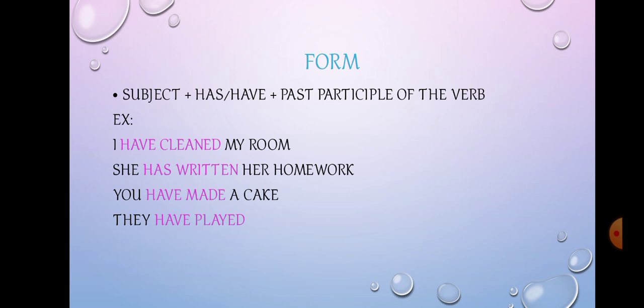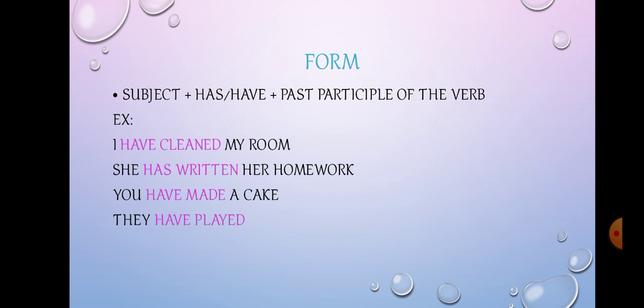And there's another thing you need to remember always: has is only put after a singular subject. For example, one person. If the subject is one person, a singular subject, then you put has. If the subject is plural, you put have.